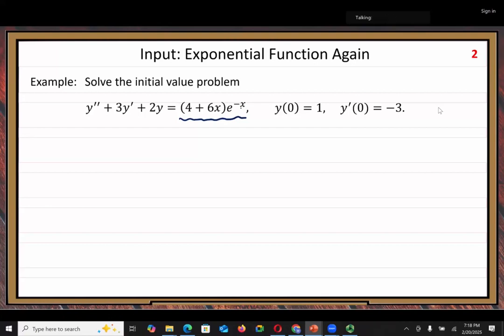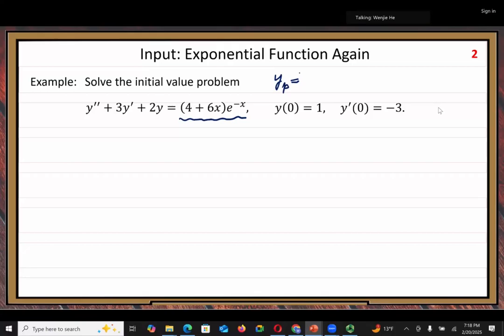When you see that R function, then what? Because remember, we need to determine that YP, right? The structure of this YP, this particular solution. So what structure do you want to use?